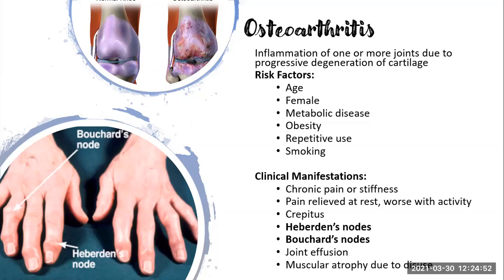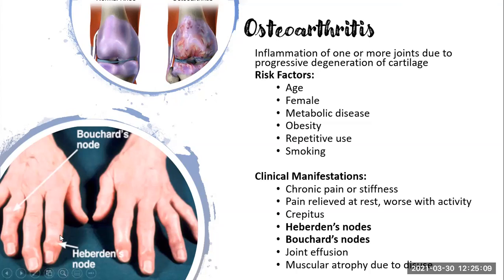With osteoarthritis, you may palpate crepitus, that grinding sensation. If you put your hand on the patient's knee and have them extend and flex the knee, you will feel grinding or crepitus if they have significant arthritis. Heberden's nodes, you need to know those.